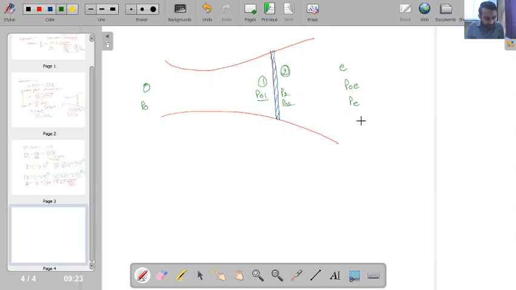If I have isentropic flow situation, then I can say that PO2 will be nearly equal to POE. There will not be any change in the stagnation pressure. Similarly, upstream also I have the isentropic situation, so I can say that PO will be nearly equal to PO1. Okay. These 2 points are clear.